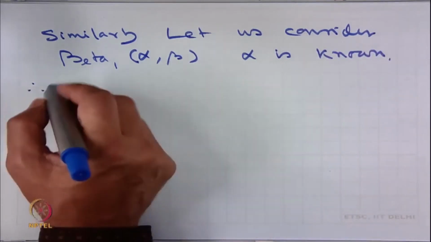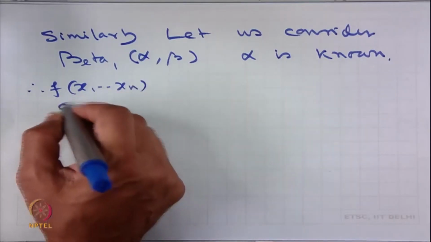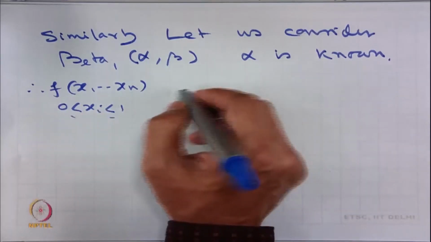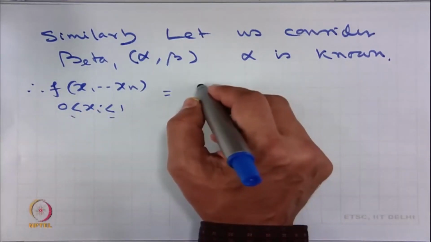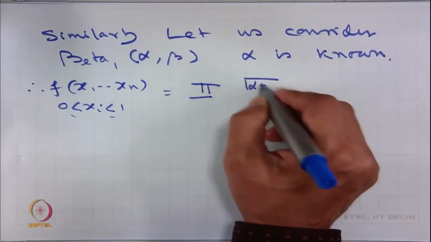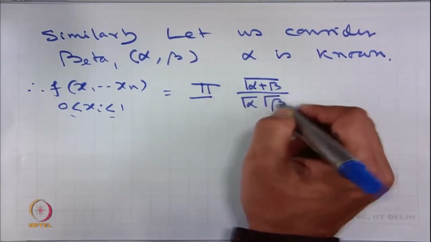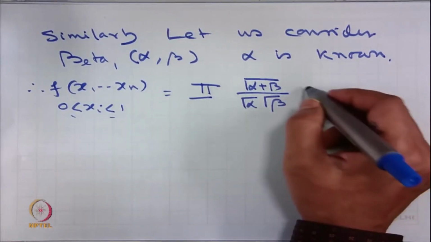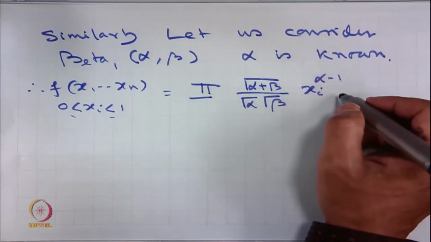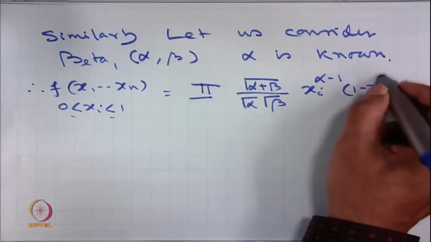Therefore, f of x1, x2, ..., xn, for 0 less than xi less than 1, is equal to the product of gamma(alpha plus beta) upon gamma(alpha) gamma(beta), xi to the power alpha minus 1, (1 minus xi) to the power beta minus 1.